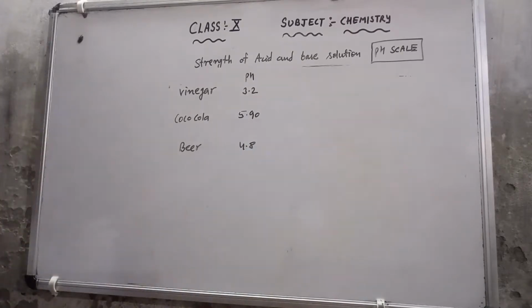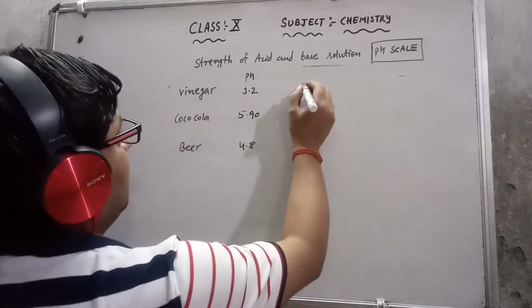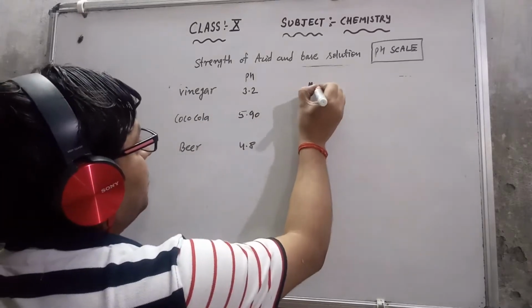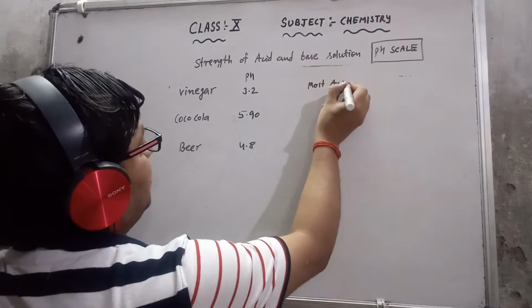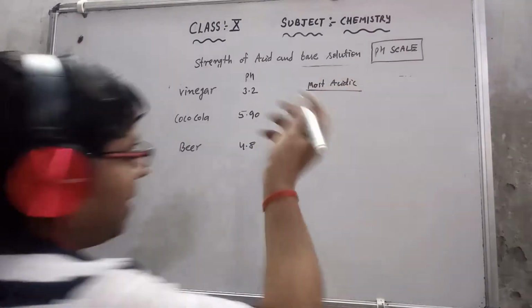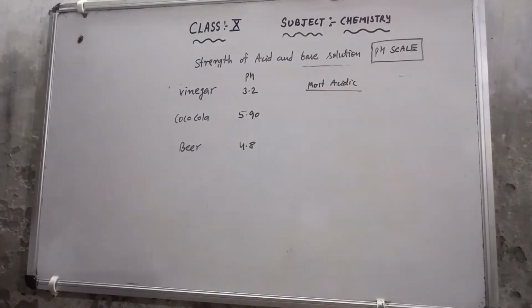First of all, they are asking which one is the most acidic. Again, they are giving the pH values. I told you the minimum pH value will be the most acidic.